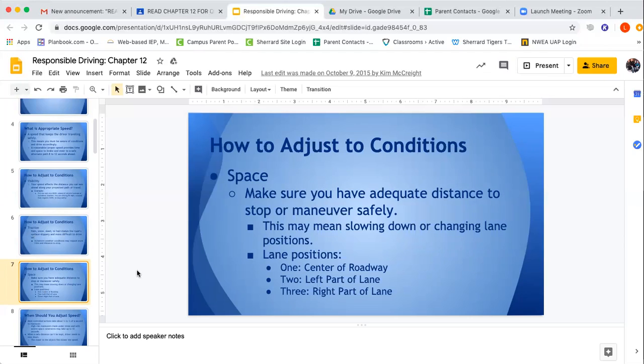Make sure you have adequate distance to stop or maneuver safely. This may mean slowing down or changing lane positions. What she means by lane positions is 1, the center of the roadway, 2, left part of lane, or 3, right part of lane, and adjusting how you think would be the safest.